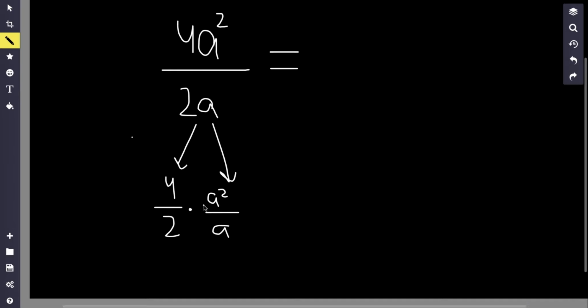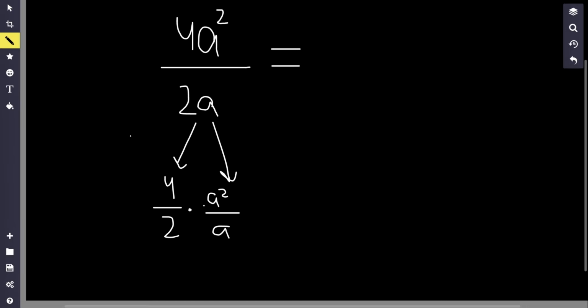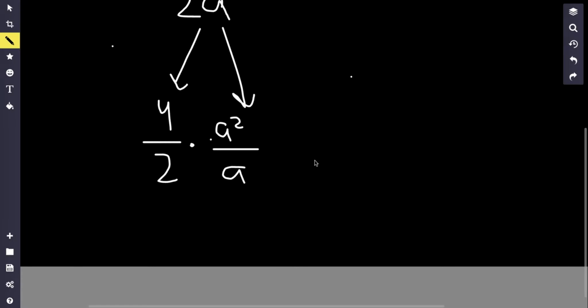And you're able to do this because of properties of fractions. 4 over 2 times a squared divided by a. If you multiply 4 times a squared together, you get 4a squared. And if you multiply 2 and a together, it multiplies out to be 2a. So from properties of fractions, if you ever see letters and numbers inside of the expression, you're able to separate the letters from the numbers.